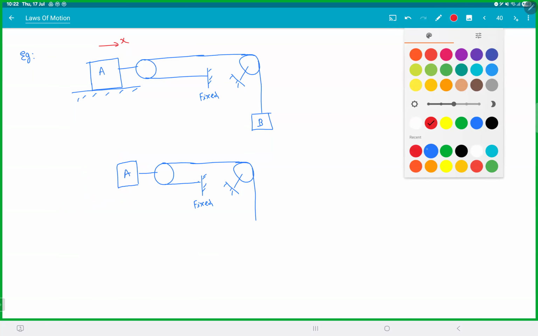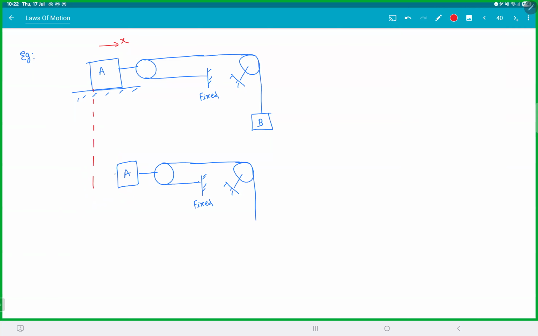Isn't this what will happen to the picture? So from here to here, this distance will be X. Agreed? If A has gone forward, from the center of the pulley to this center, shouldn't this distance also be X? Agreed? Now, this is my question.